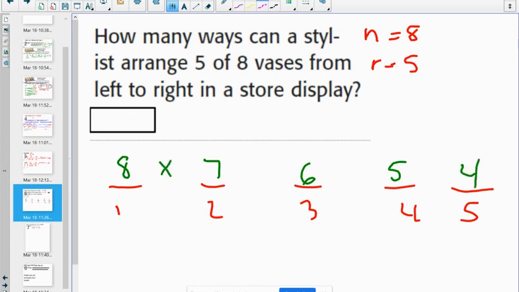So we're left with 8 times 7 times 6 times 5 times 4. That's the same thing as 6,720 after you type that all into your calculator. But again, you can also write that out as 8P5 into your calculator, and it will get you that same answer.